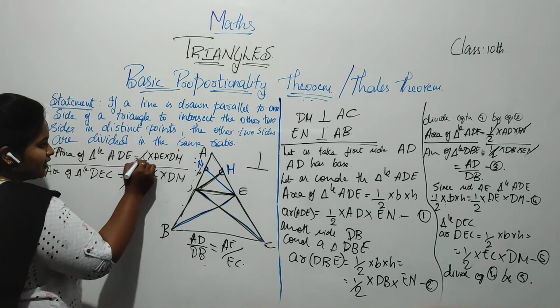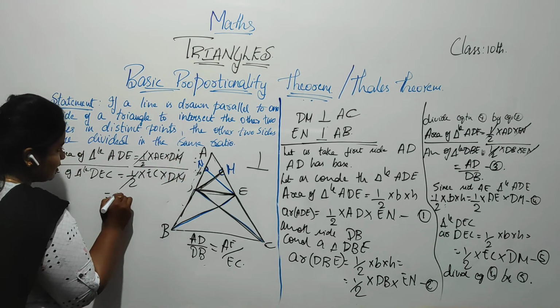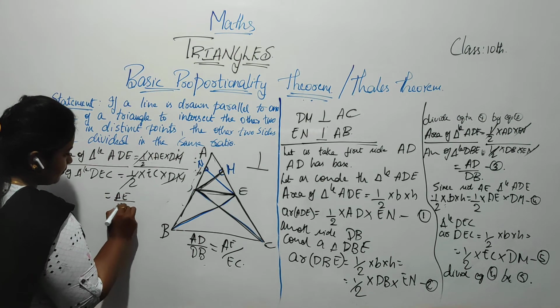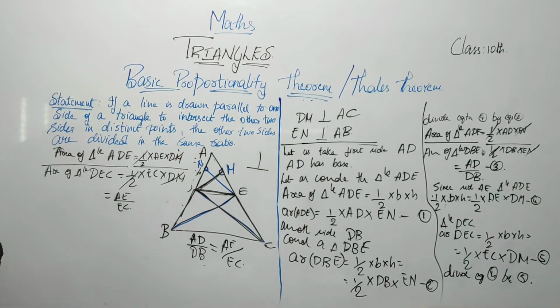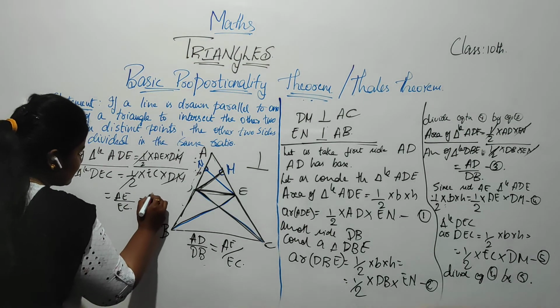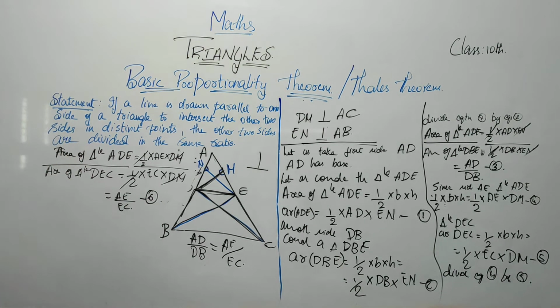Here the half gets cancelled and DM gets cancelled. So we get AE by EC. Then mark this as equation 6.